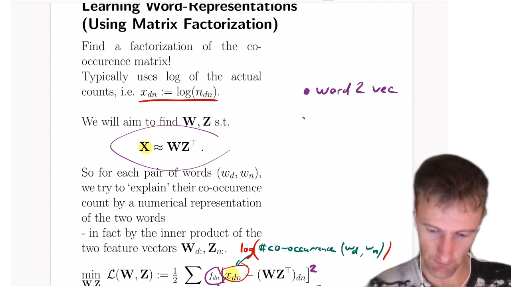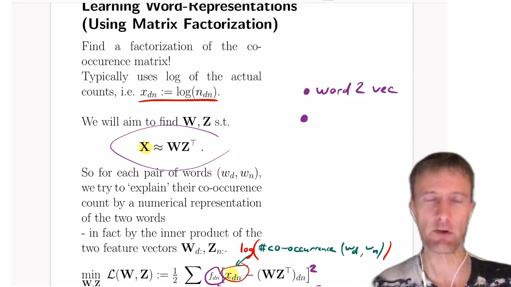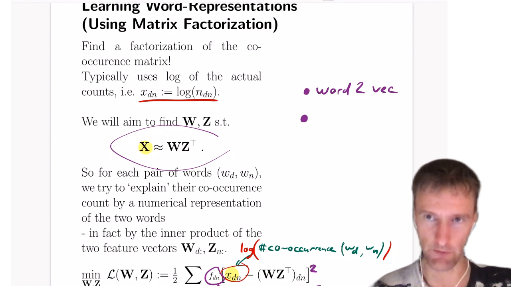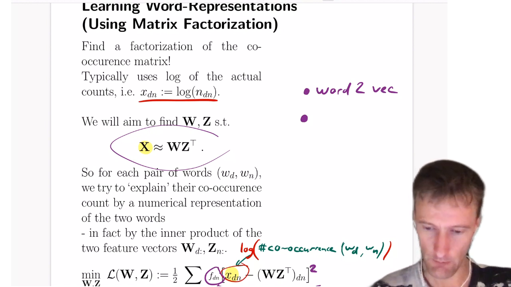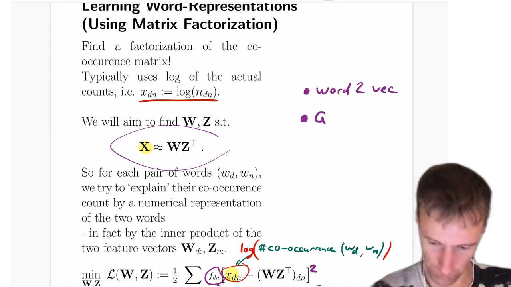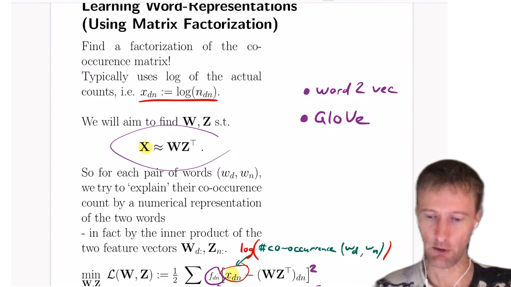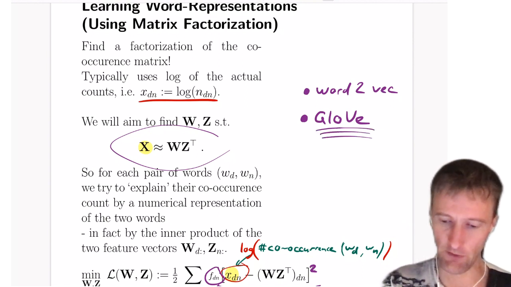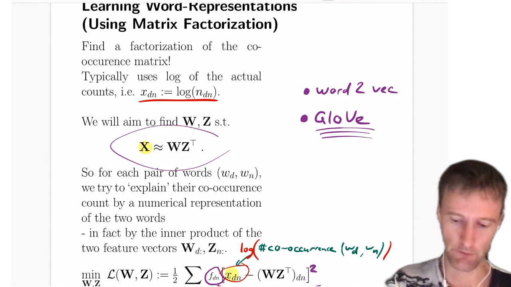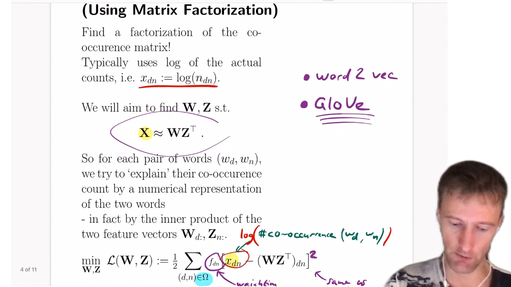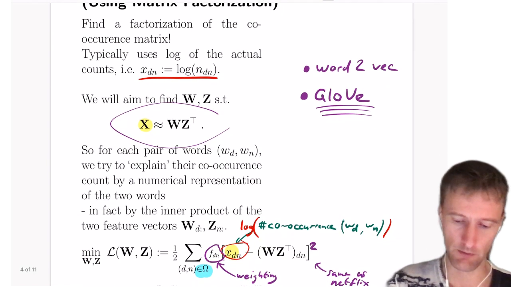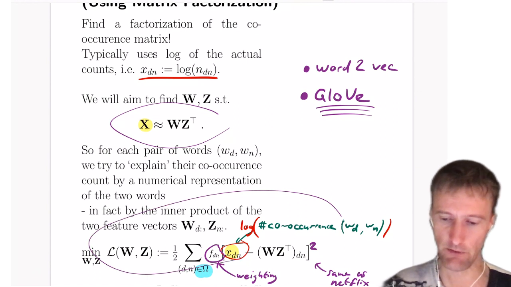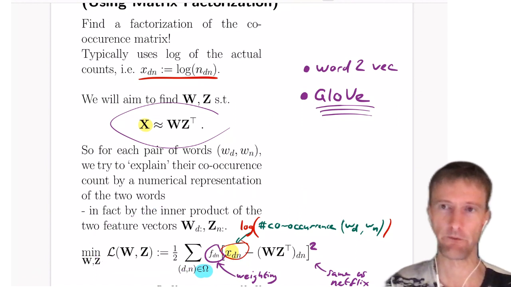One is word2vec, and what we're doing here is a variant of that, which is called GloVe, which means something like global vector embeddings. This is the variant that we are explaining here. If you find your word vectors W by solving this minimization, then that is what GloVe is.